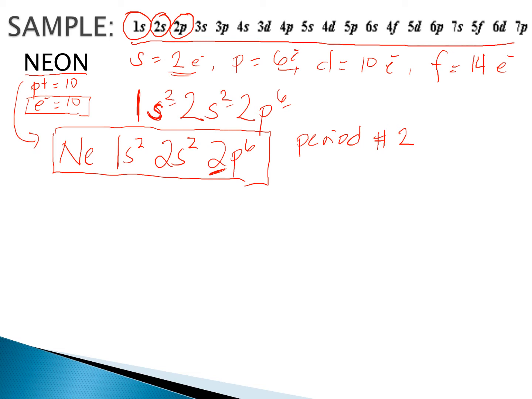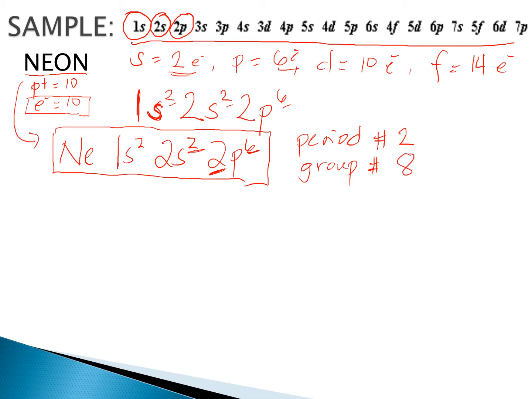And now, let's take a look at the superscripts of the main energy level 2. There are 2 superscripts, 2 and 6. No? Merong dalawa, 2 and 6. So anong ibig sabihin nun? 6 plus 2, the answer is 8. So the group number of neon is 8.